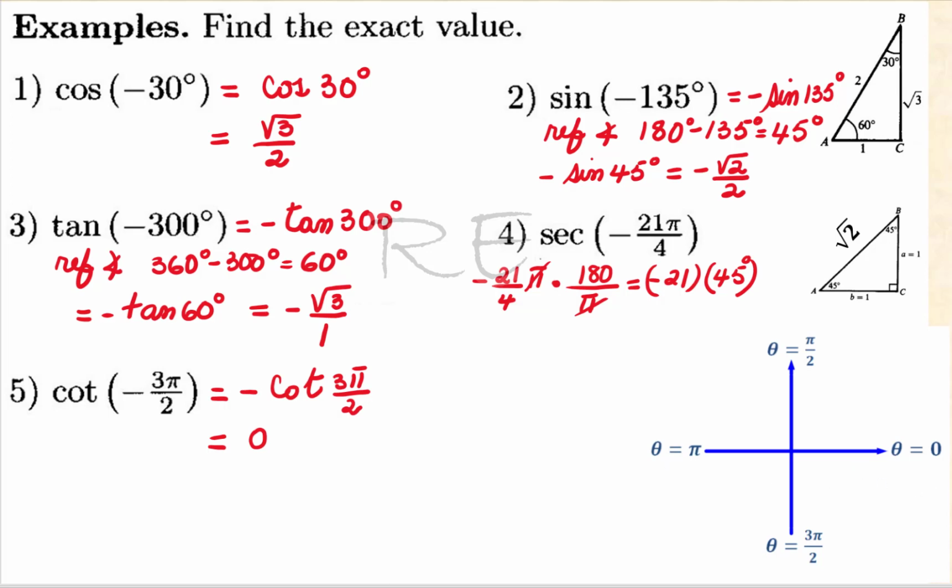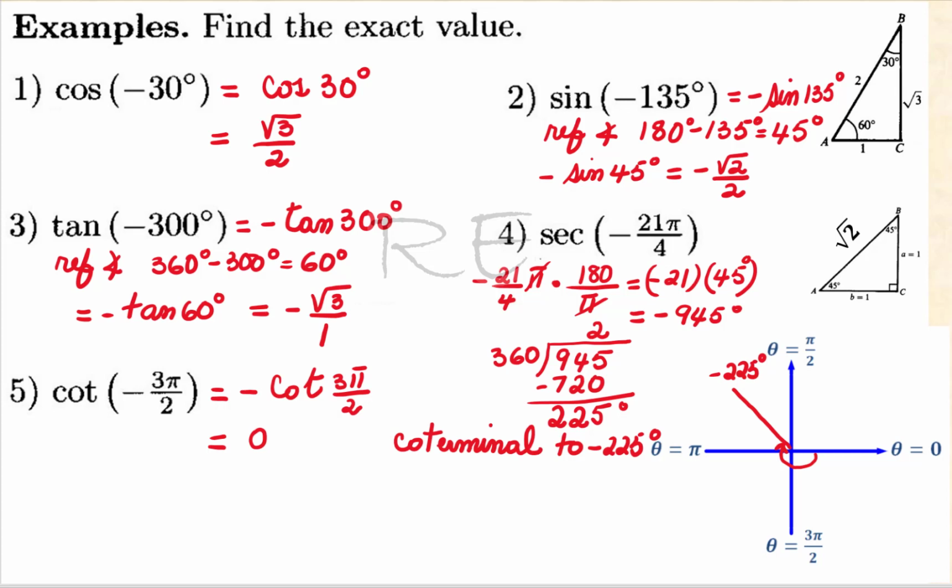And negative 21 times 45 degrees is equal to negative 945 degrees. We're going to divide by 360, and the remainder will be the coterminal angle. So when we divide by 360, the remainder is 225.